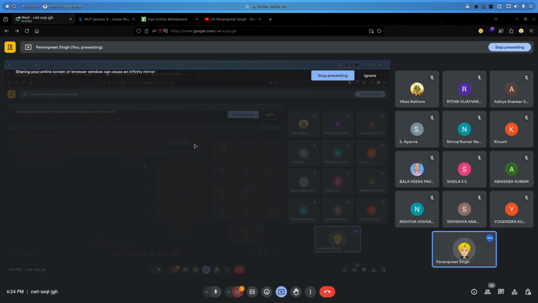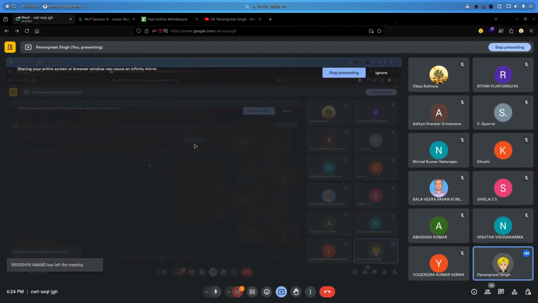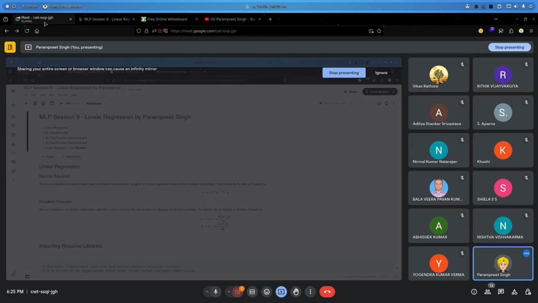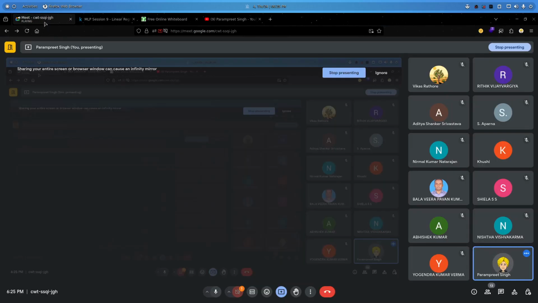We will mainly cover the concepts in week 4 of MLP, which is linear regression and its variants, whether it's using the normal equation, gradient descent, or the regularizations like ridge or lasso. Also some other parameters which you use.